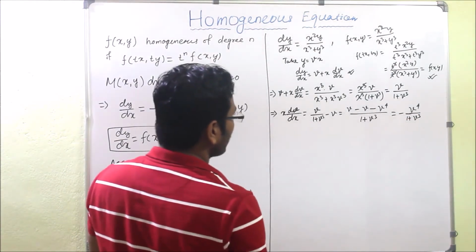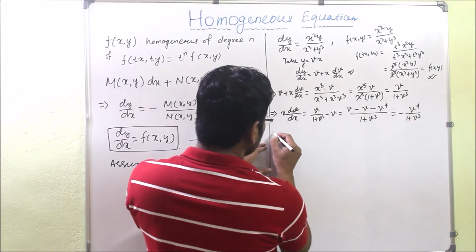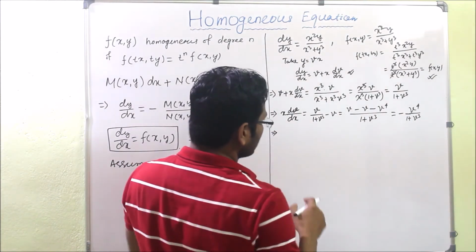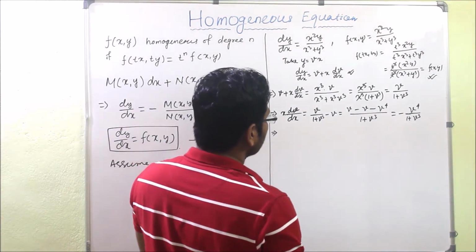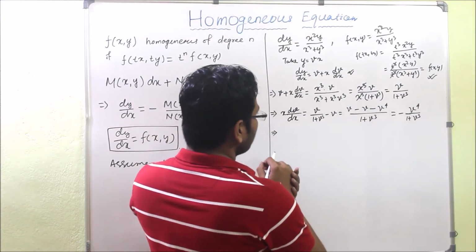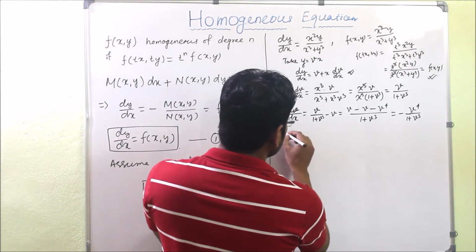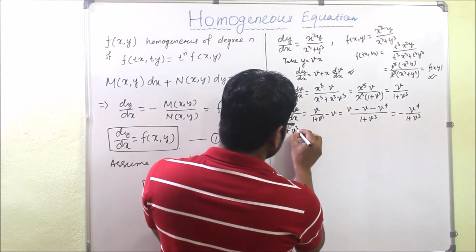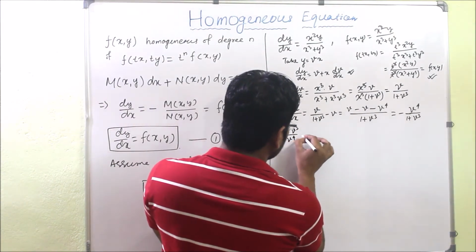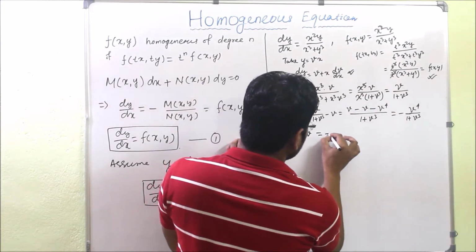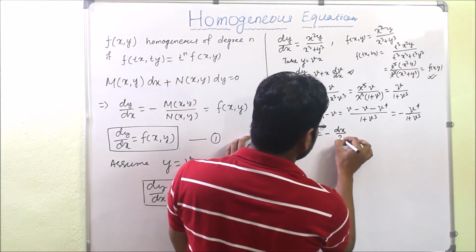So this is the form. To apply the variable separable method, you have to take v on one side, x on the other side. So it will be 1 plus v cube divided by v to the power 4 dv equal to minus dx by x.